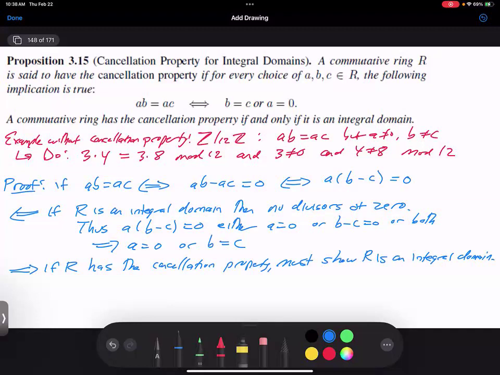Okay, so how would we show that it's an integral domain? So we want to show that if we have a product that equals 0, either x or y equals 0.